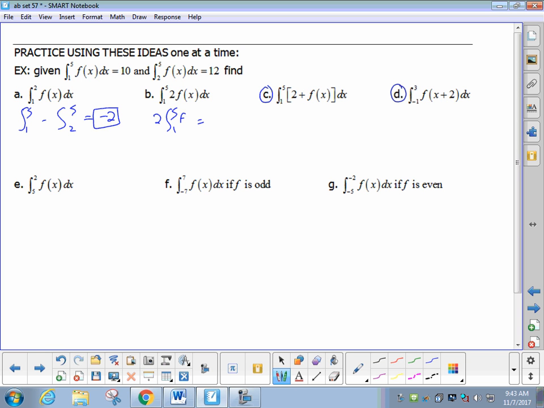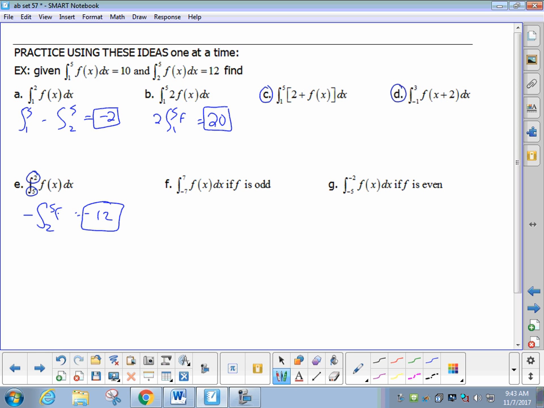So what'd you get for B? 20. We'll jump back to C and D in a second. What'd you get for E? -12. You're going to switch these limits of integration so it goes lower to higher. That's the opposite, so that's -12.